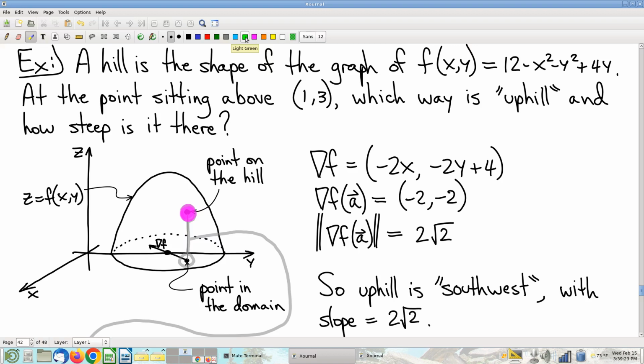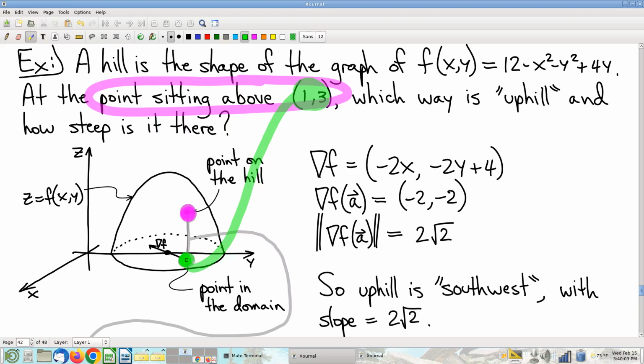So even though technically we are at this point right here on the hill, we're at the point sitting above 1, 3 in the XY plane. That's pretty awkward language, and most of the time people would just say, yeah, I'm at 1, 3. I'm at the following longitude and latitude. It's a pretty convenient sloppiness, and it's a very common way of talking. So now I deliberately went to the trouble of saying the awkward language of I'm at the point sitting above 1, 3.